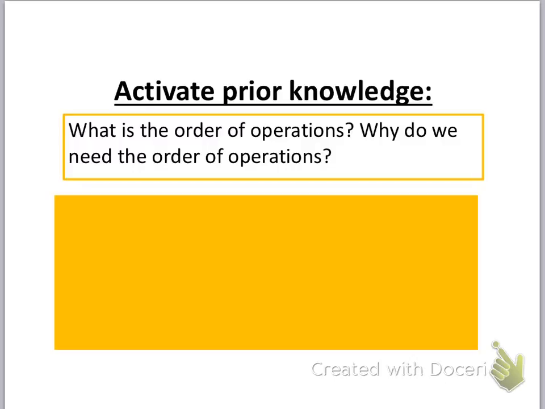So let's talk about order of operations. What is it? Why do we need it? Well, if you think about a problem like 4 minus 3 plus 12, we've got two ways we could solve this if we don't think about order of operations.